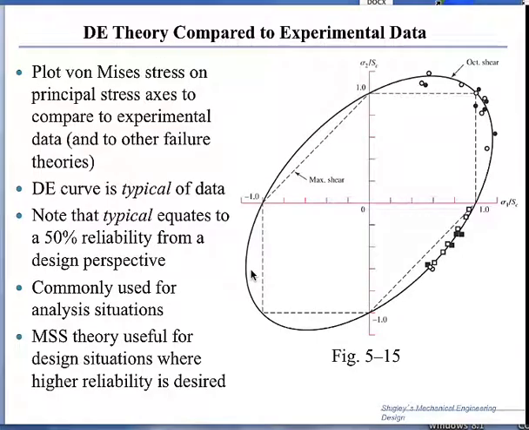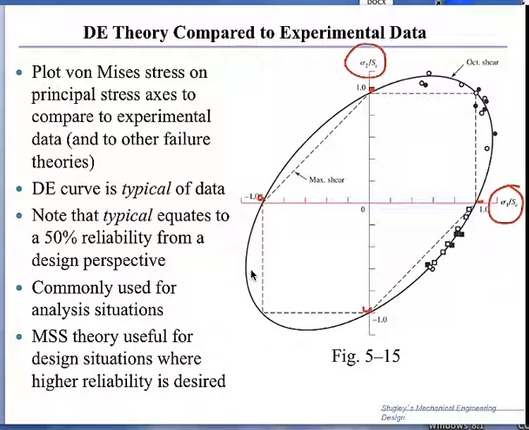If you look at some of the experimental data and you plot sigma 1 over the yield stress and sigma 2 over the yield stress as a normalizing factor, then you have 1 here and 1 here, and -1 and -1, and you have two lines.